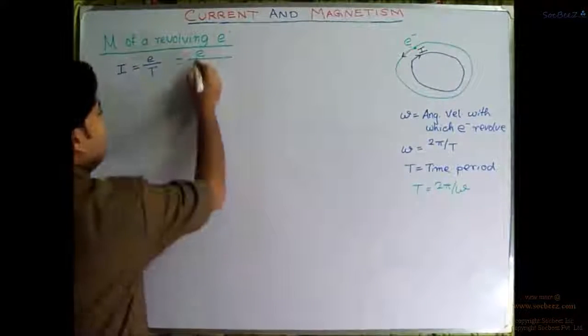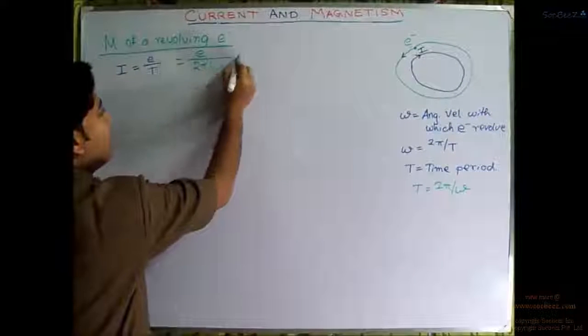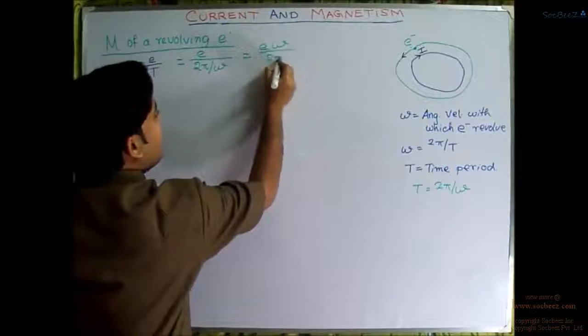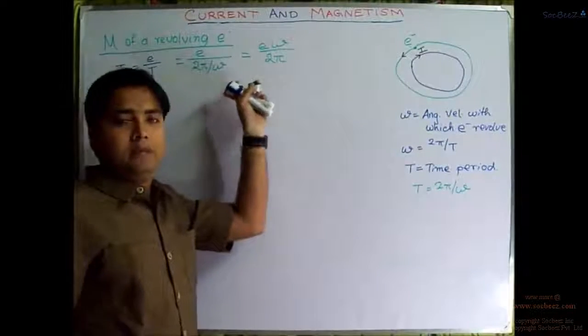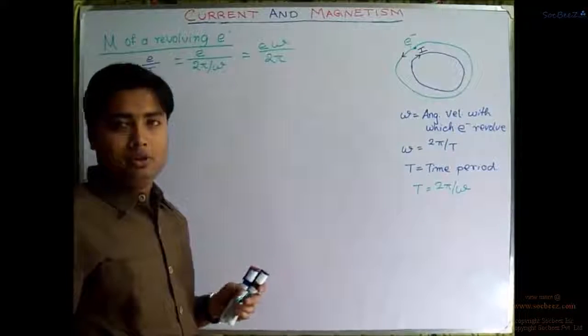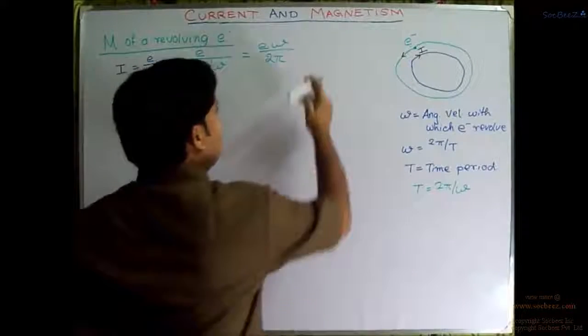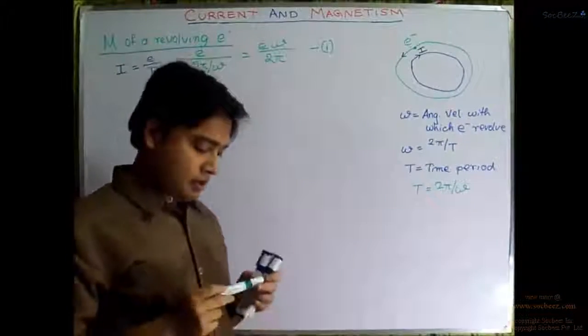So it will be E divided by 2 pi over omega, which means E omega divided by 2 pi, as we know that the denominator of the denominator is basically the numerator. Now let us say that this is the first equation.